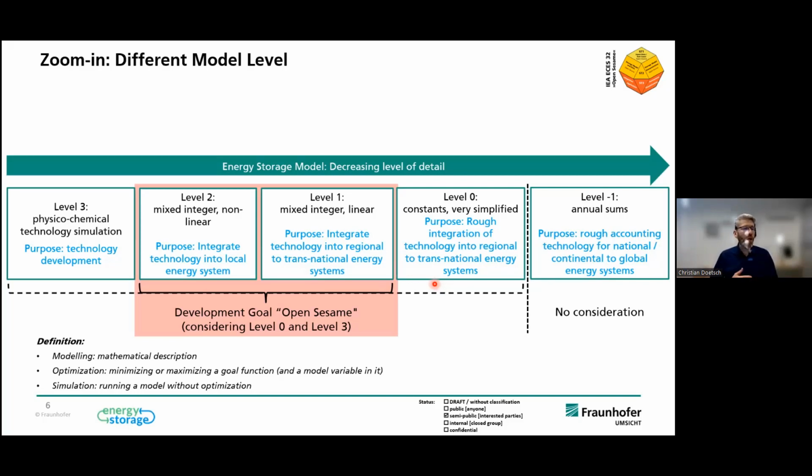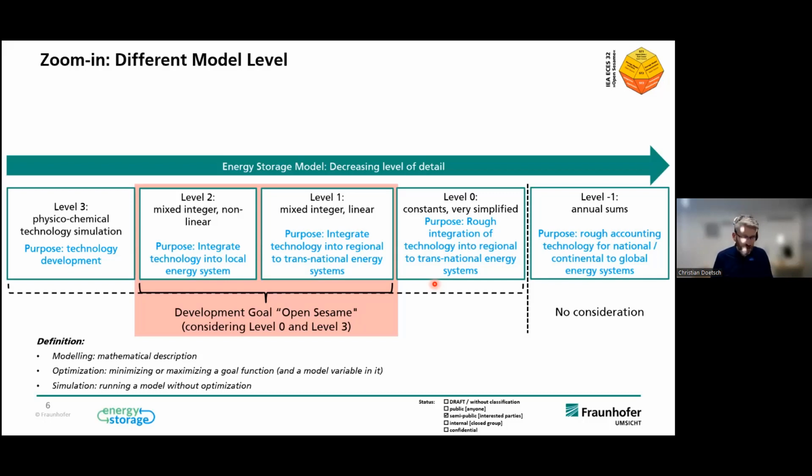So you can't simulate or operate the system, because if you have, for example, a battery system and you're running it with high power charging or discharging, the efficiency will go down. Also lifetime will go down and cycle time will go down. If you're running it very smoothly, you will have a higher efficiency, longer lifetime, and so on. And to integrate this, you need the better level 1 or level 2.